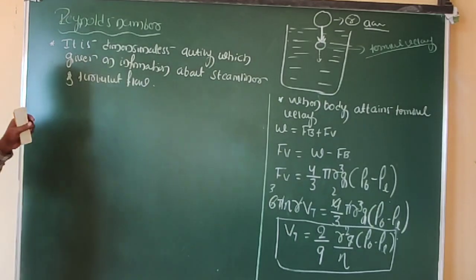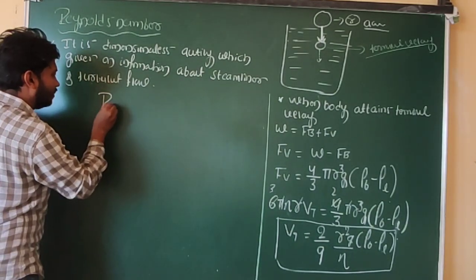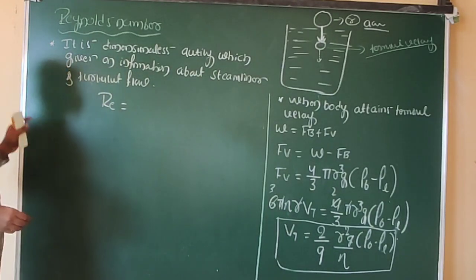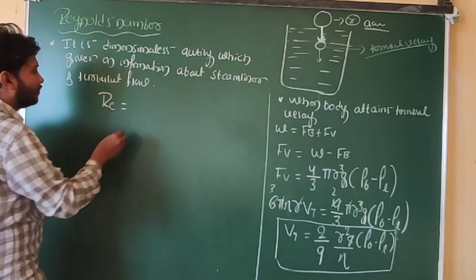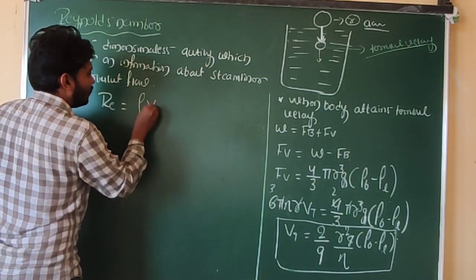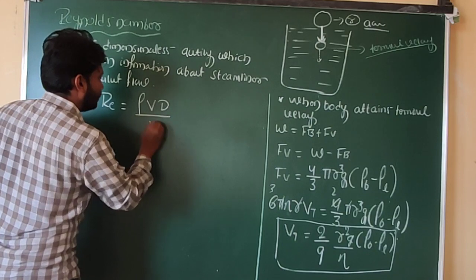Using this formula, Reynolds number R of E is equal to rho into V into D divided by eta.